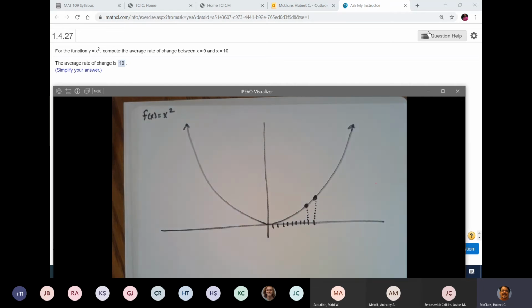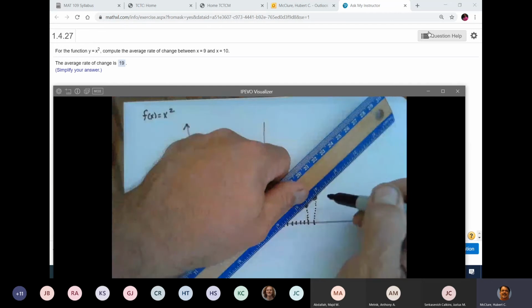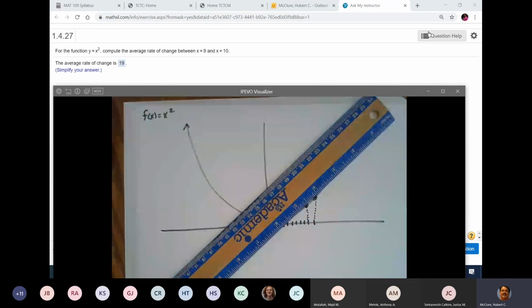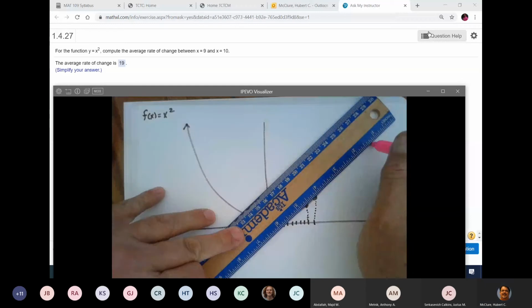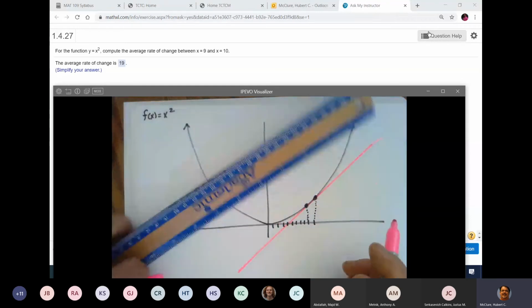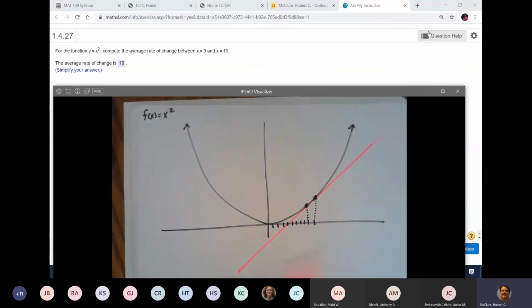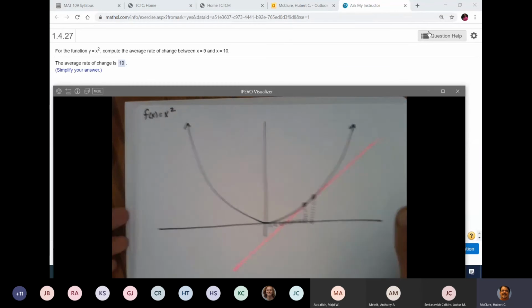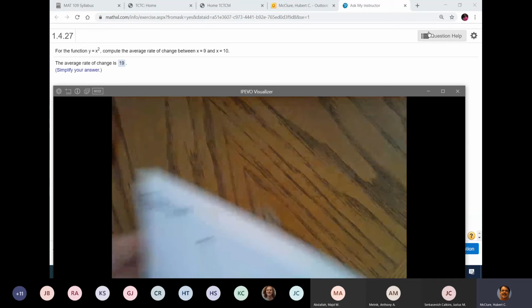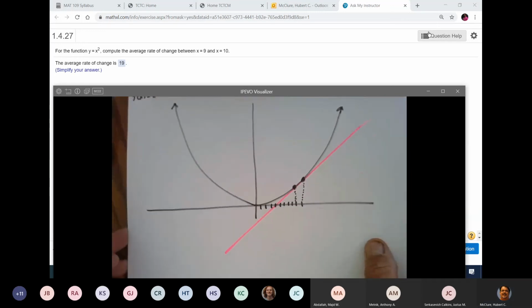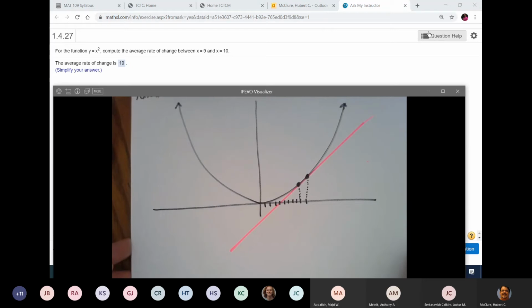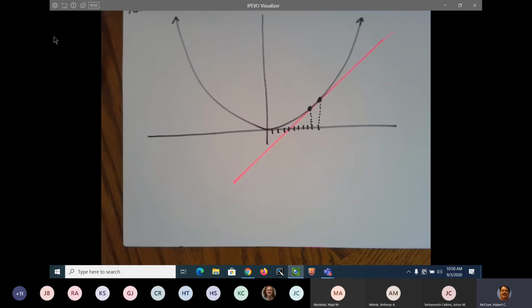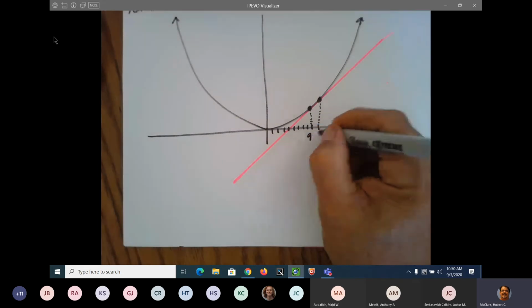Okay, so they want this line right here. What is the slope of that pink line? Okay, here we go. So we know that this is 9 and this is 10.